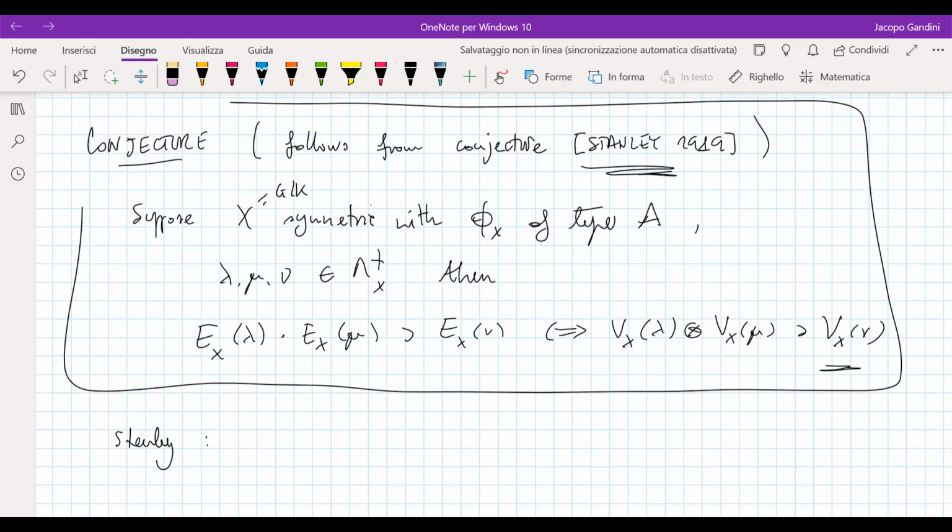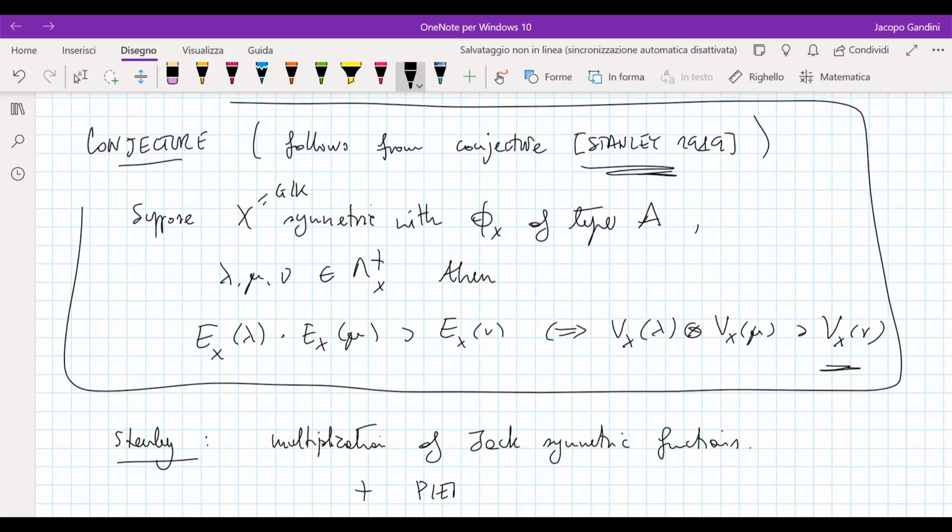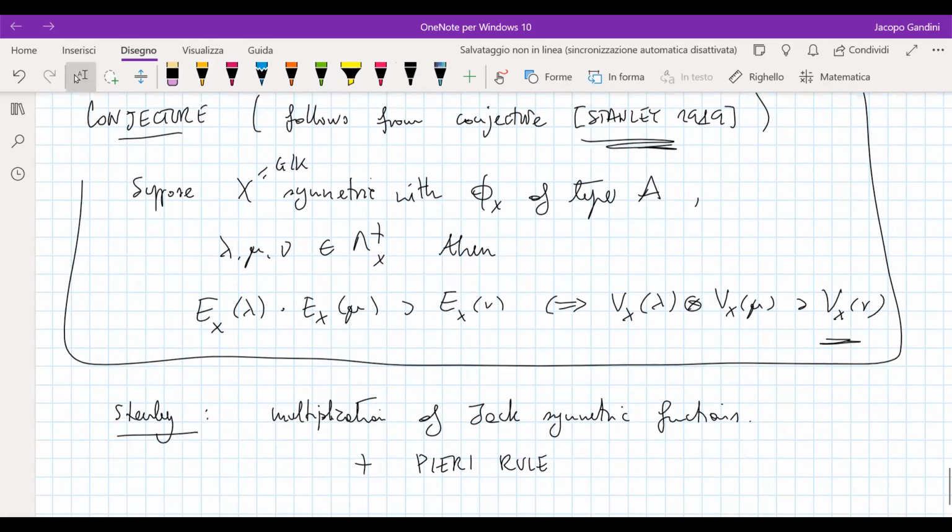Stanley speaks about the multiplication of Jack symmetric functions, and also has a Pieri rule for this. I don't want to go into the details, but Jack symmetric functions are one-parameter symmetric functions.